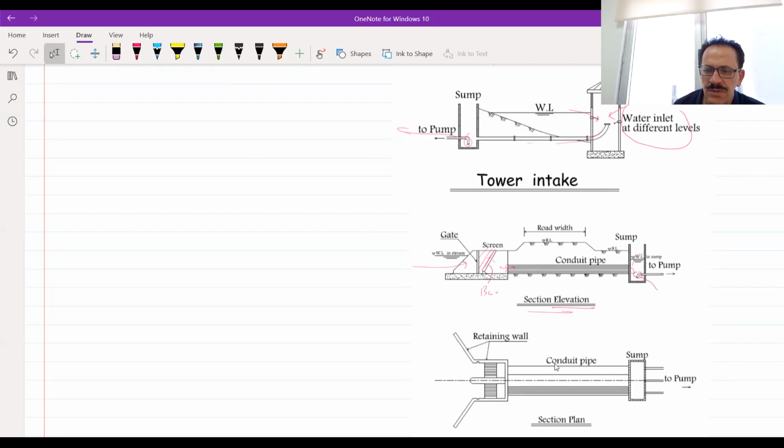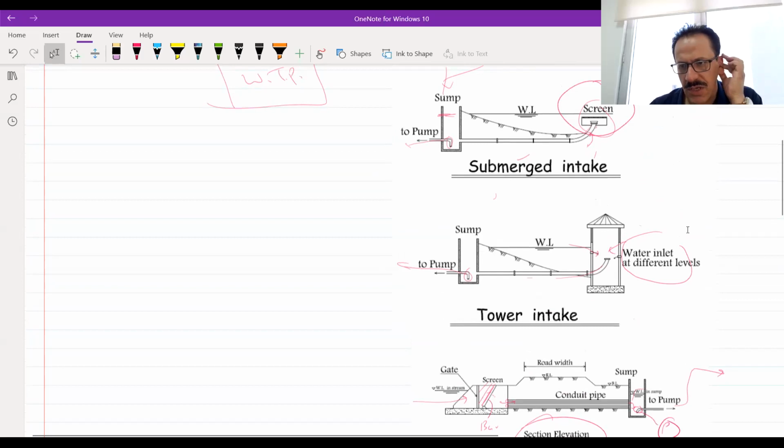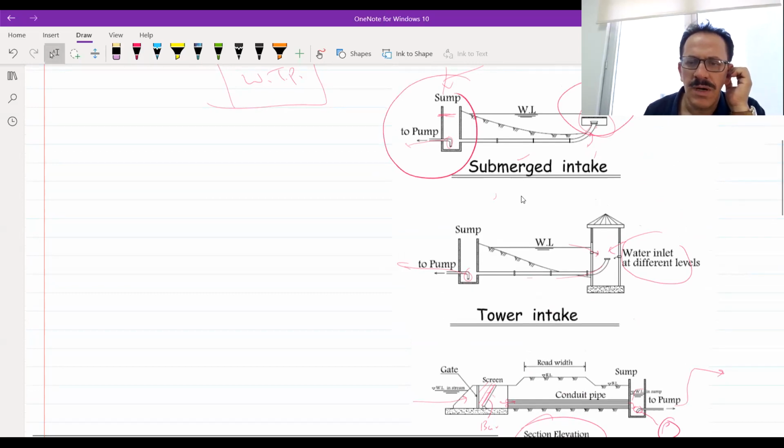Now I will put a pump here, and this pump will send the water to the first unit of the water treatment plant. This is the elevation section, and this one will be the cross-sectional view. Today we are going to design this part and this pipe.